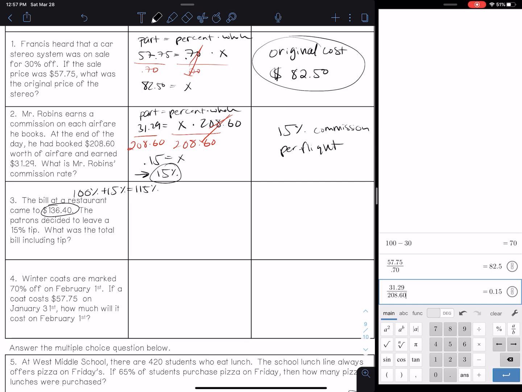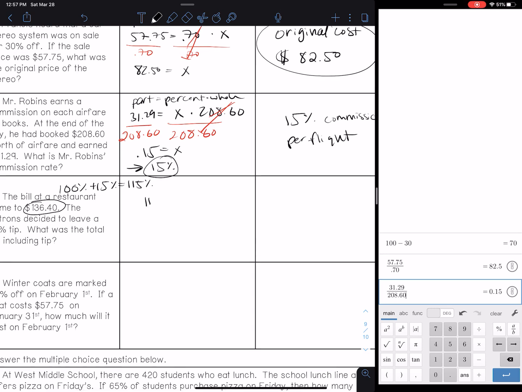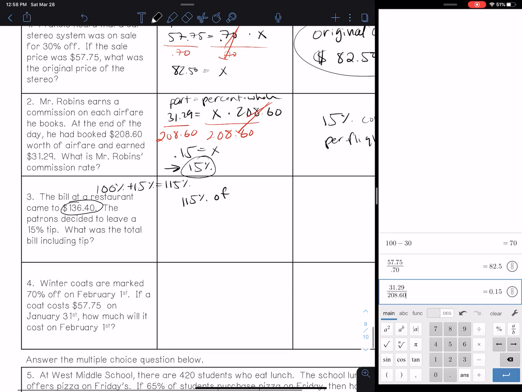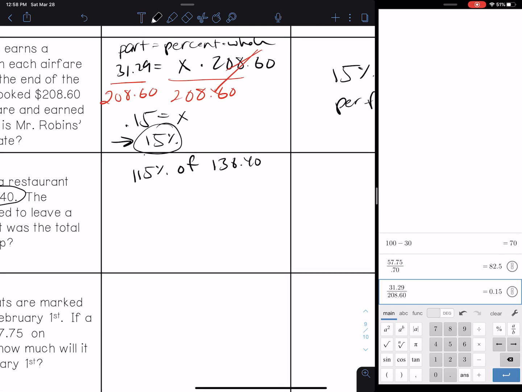Okay, so you're going to pay 115% of the cost, which is $136.40. Okay, so let's see what we got. So I need to translate everything. What does 115% mean? Well, this means 1.15. What does of mean? Multiply.